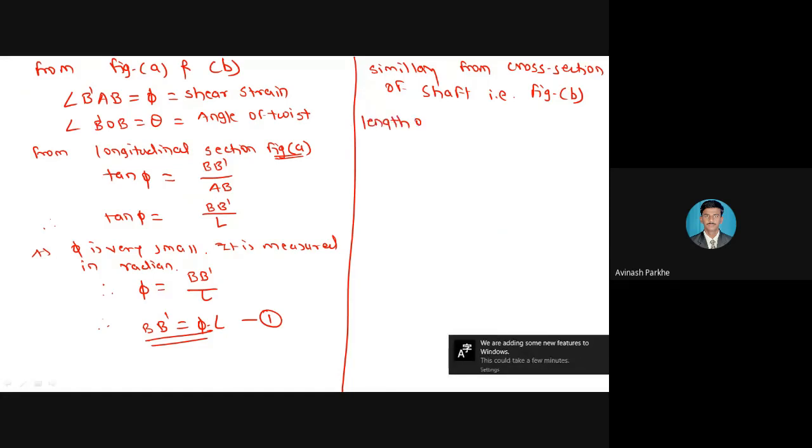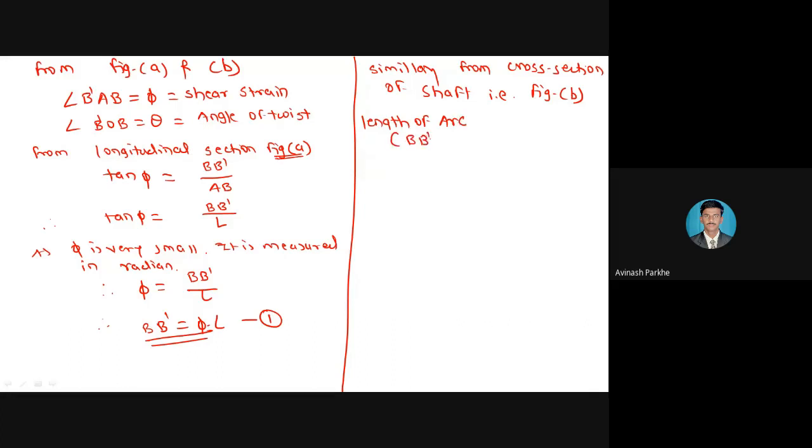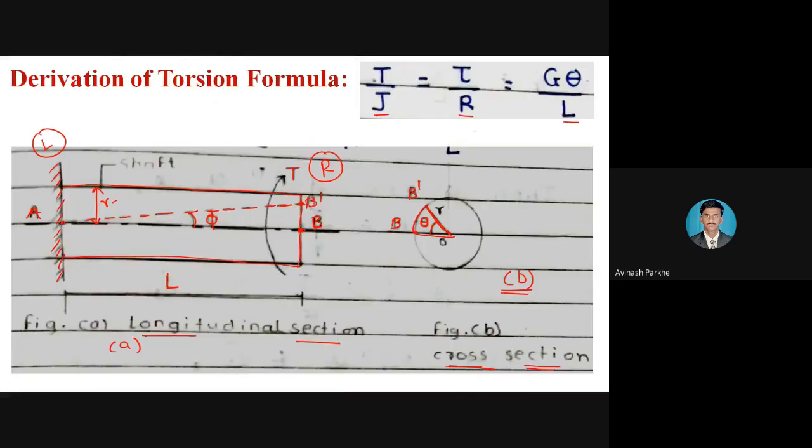Length of arc, I can consider B dash is equal to, what is the formula to calculate the length of arc? Can anybody tell me? If I have to calculate the length of arc, what will be the formula?